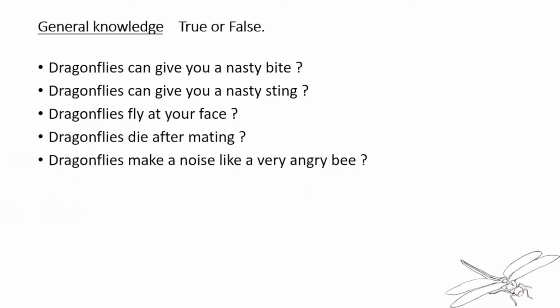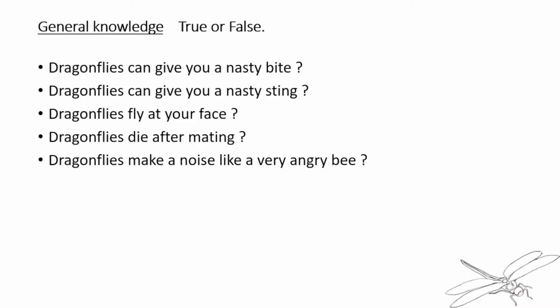So first of all, I'd like you to give these a thought. These are some of the things that have come to me while I've been talking to people about dragonflies in the past. It's a true or false answer. That's all you need to think about at the moment. Dragonflies can give you a nasty bite, true or false. Dragonflies can give you a nasty sting.